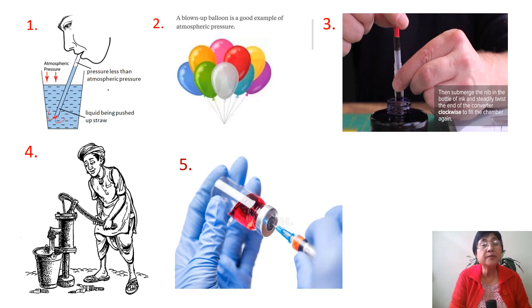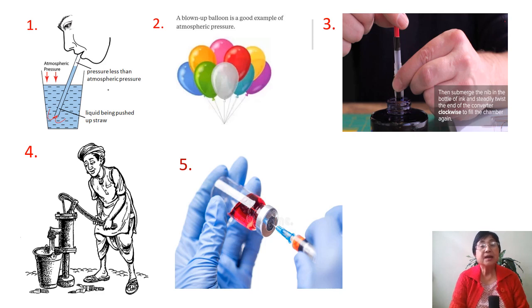It's the atmospheric pressure that helps the drink to come into your mouth through the straw. Why? Because when you suck the air, less pressure here, more pressure here. So the more atmospheric pressure will push the drink into the straw, which has less pressure, which forces the drink to come into your mouth.